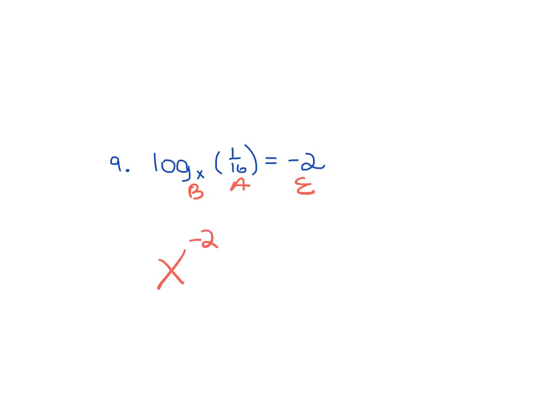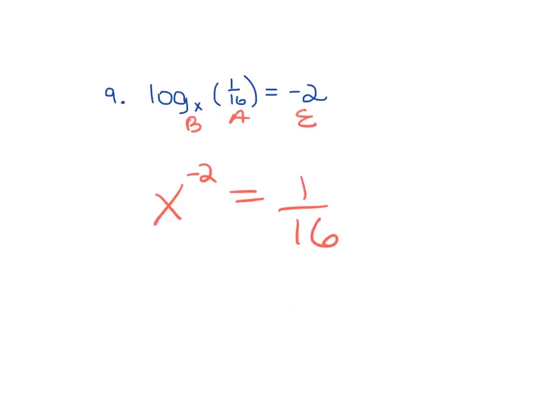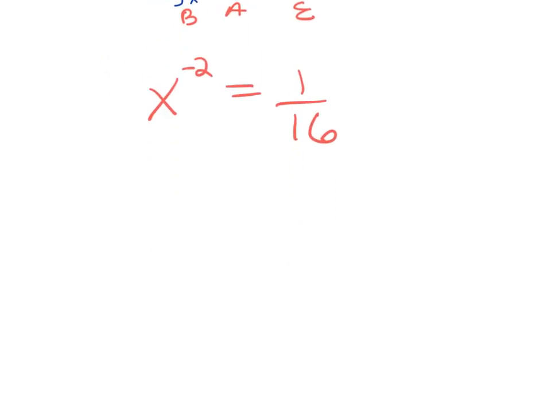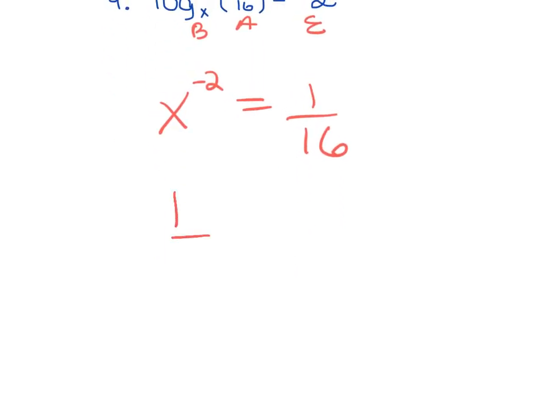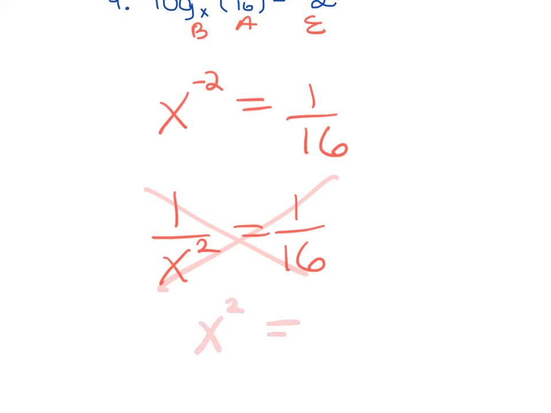x to the negative 2 power equals 1 over 16. You might get a question like this tomorrow, what I've written in red. When you're looking for the base, I'm going to go ahead and make the exponent positive and now solve this as a proportion. I'm going to multiply diagonally. x squared equals 16.